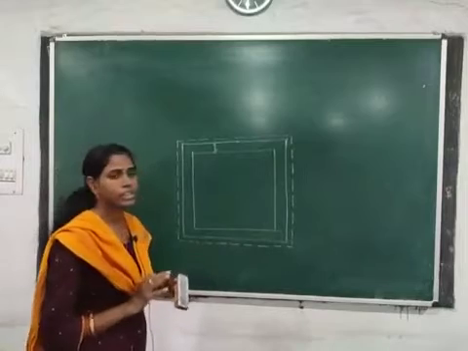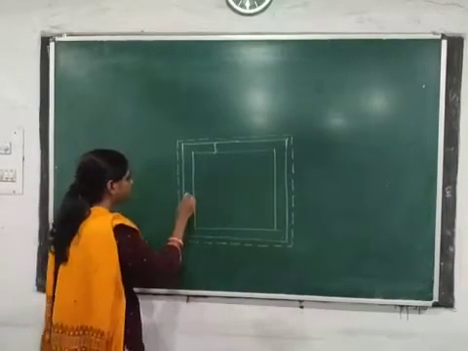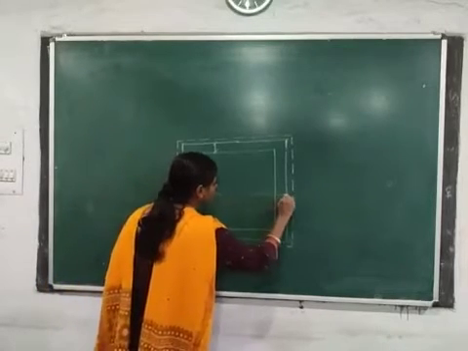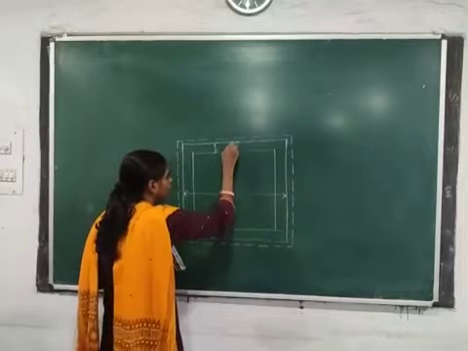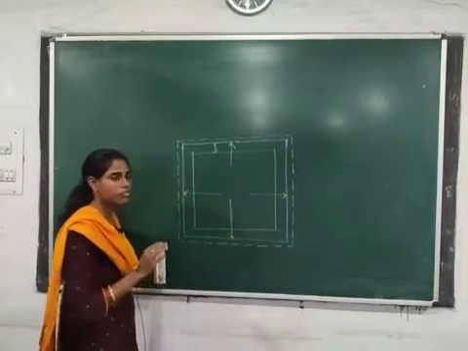So, while calculating the plinth area, it is measured by taking the external dimension of the building at the floor level.